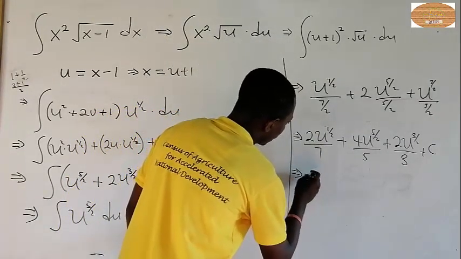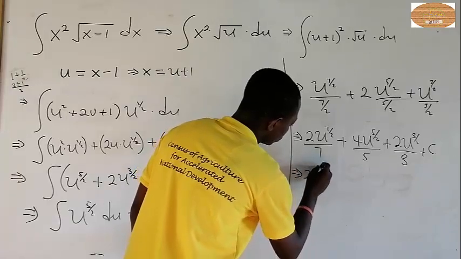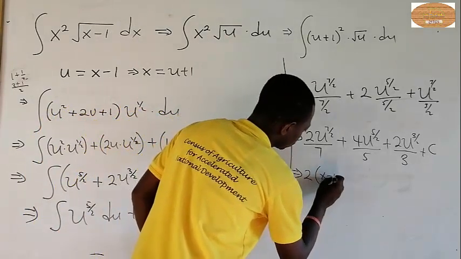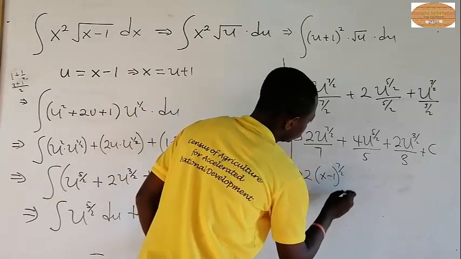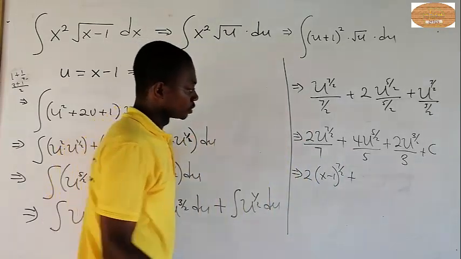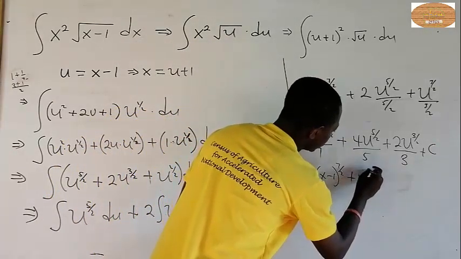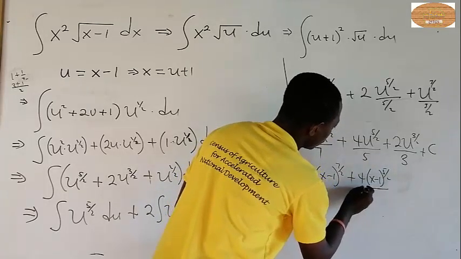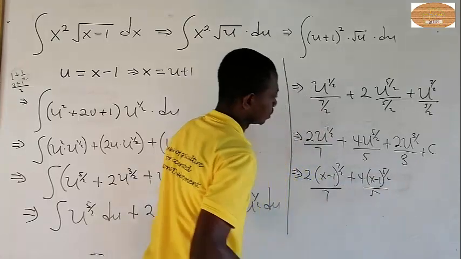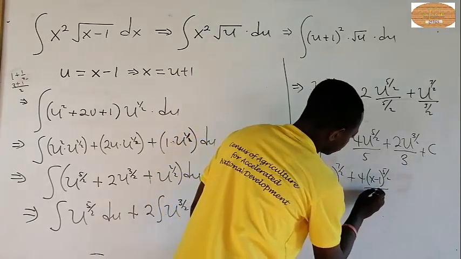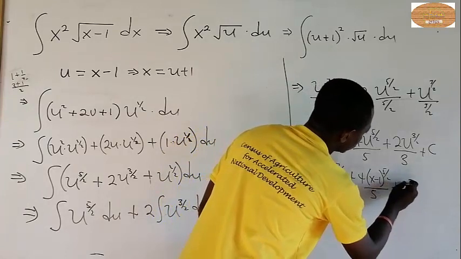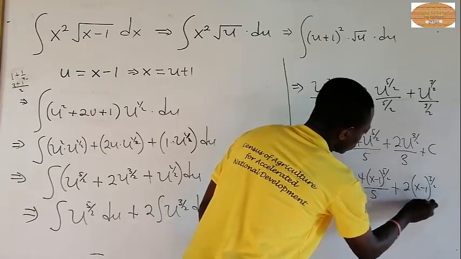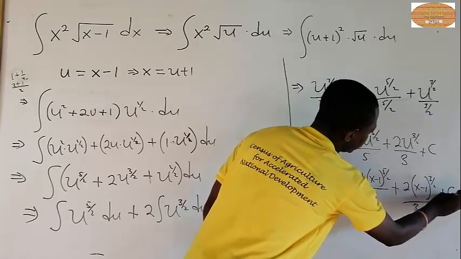So we have 2 times (x minus 1) to the power 7 over 2 over 7, plus 4 times (x minus 1) to the power 5 over 2 over 5, plus 2 times (x minus 1) to the power 3 over 2 over 3, plus c.